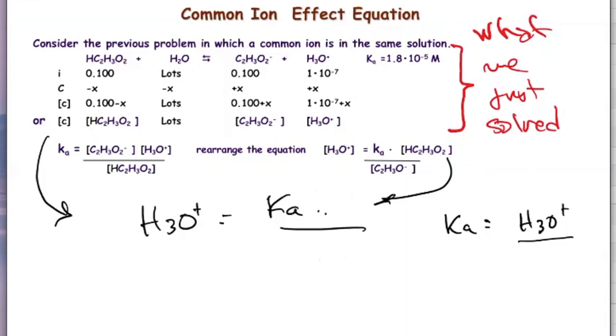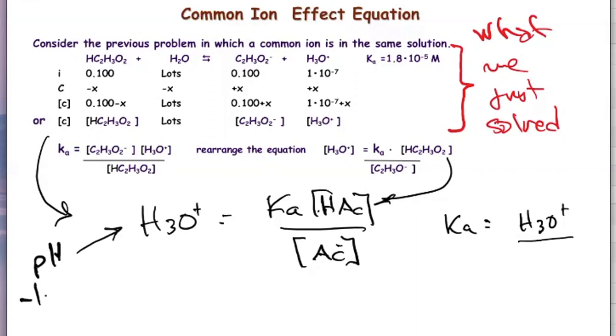The hydronium is going to be equal to the acid that we start with times the Ka over the conjugate right here. That's the equation that we have. Now, mostly the problem in acid-base chemistry is to calculate the pH. And the pH is the negative log of the hydronium ion concentration.